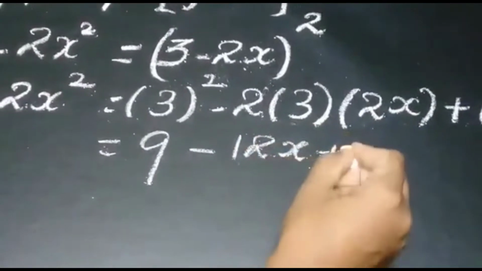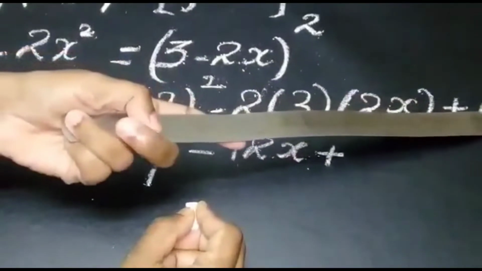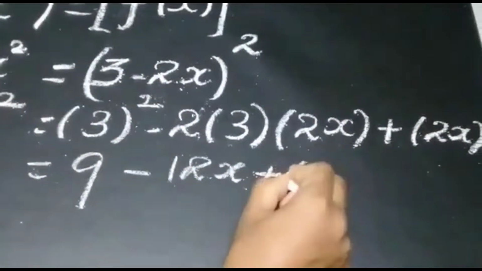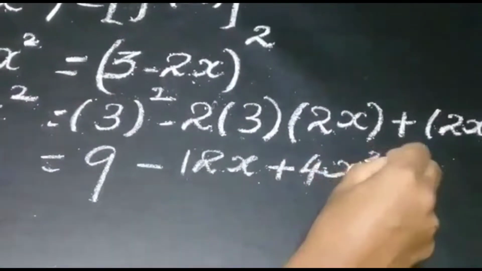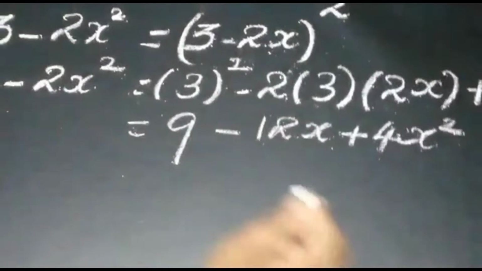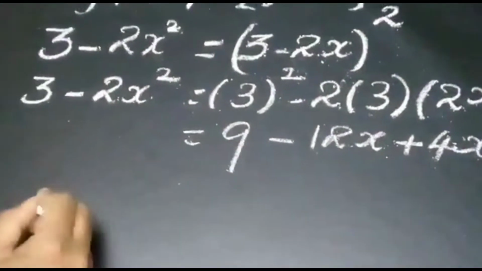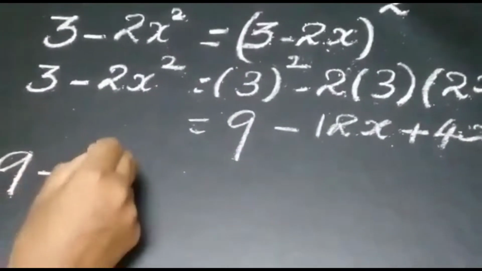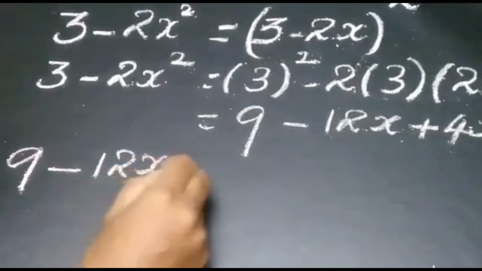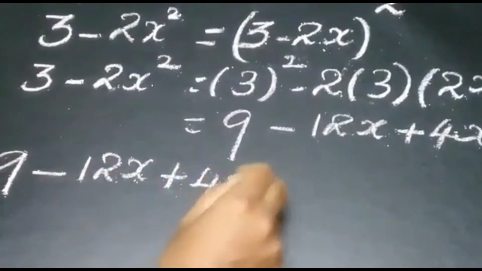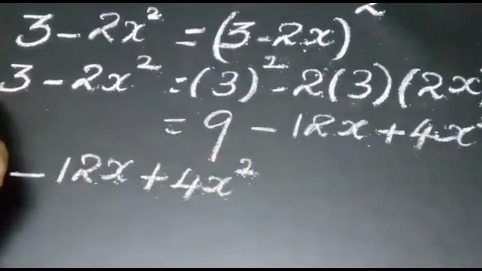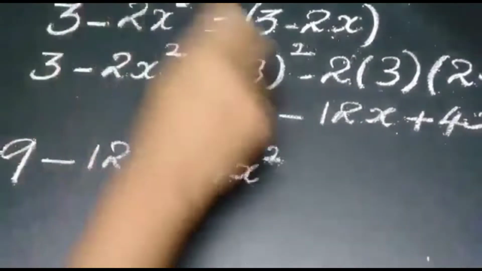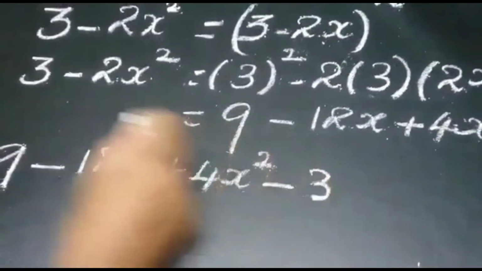Plus, 2 square value is 4, x square value is x square, so 4x square. Now we have to arrange on the same side. First you write the right hand side, 9 minus 12x plus 4x square. Write as it is. Now plus 3 on the left side goes to the right side, meaning minus 3.